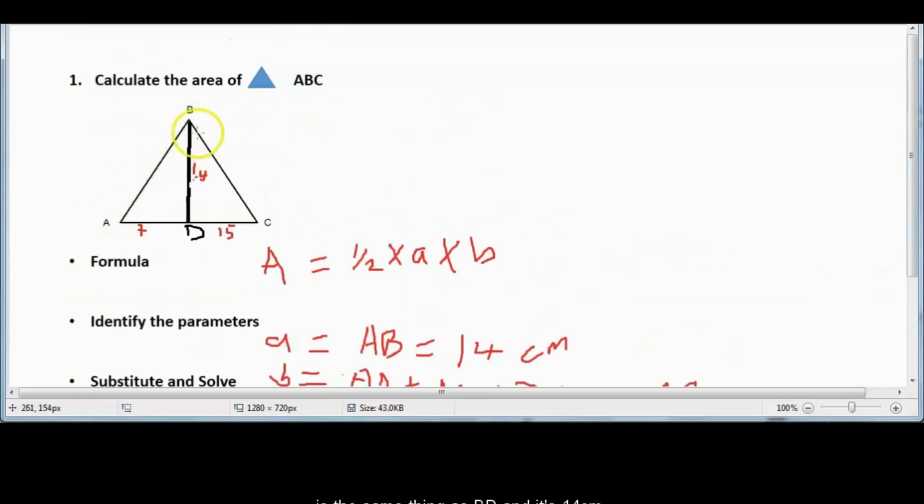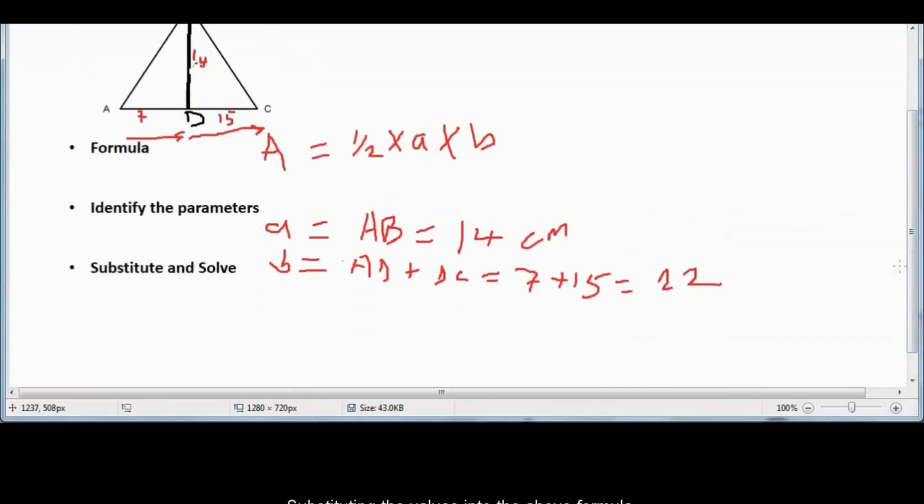AB, which is the same thing as BD, is 14 centimeter. Then AC. AC is the same thing as AD plus DC. 7 plus 15, making 22.